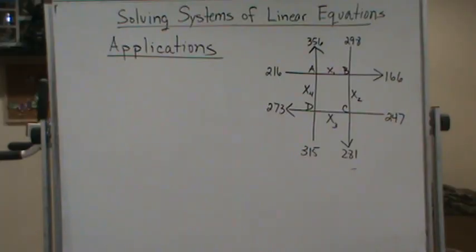Those are what the numbers indicate. So now, let's use this setup to answer some questions. All right, so the first question says set up a system of equations that represents traffic flowing freely.